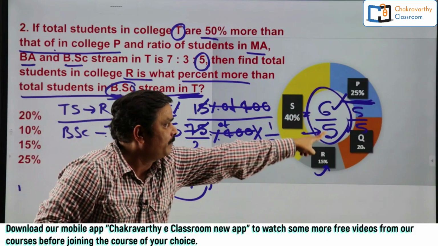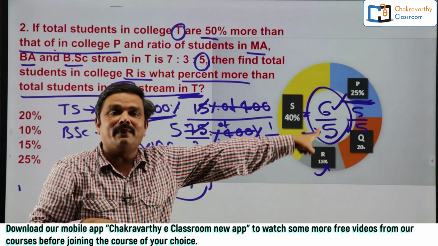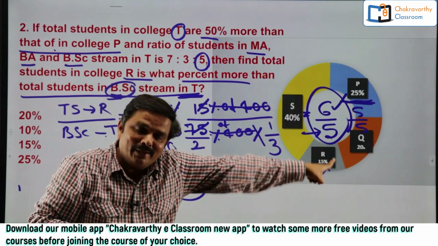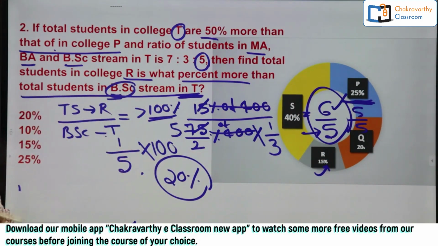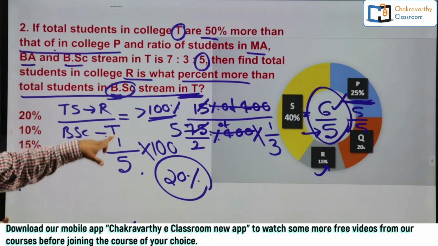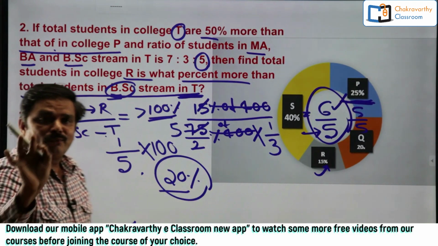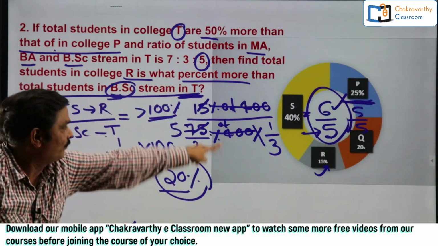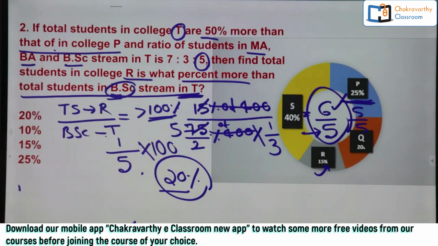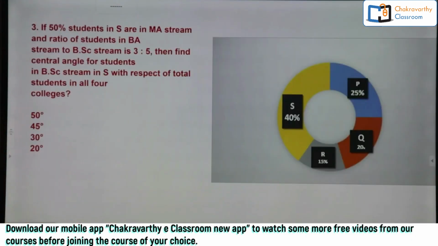When it is 6 by 5, that means the numerator is 1 out of 5 more than the denominator. How much more is that? 1 by 5. I have to show in terms of percentage. 1 by 5 is nothing but 20%. Now you need not find any total for this. Straight away with one step you can get the answer. Got the clarity? Right. Let's start the next question, students, quickly.